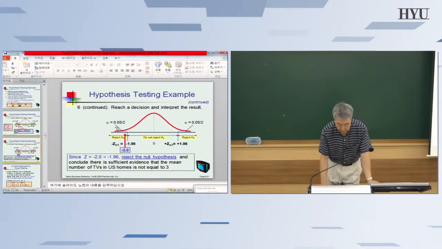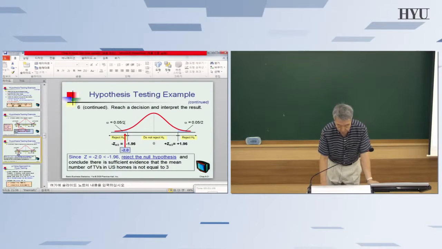In this example, you decided to use 0.05 as your alpha level. So you're going to assign half of 0.05 on each side, upper tail and lower tail, and find the rejection regions that way.